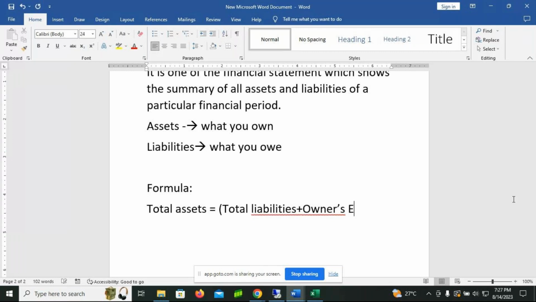Guys, non-accounting students, if you are getting any doubts, please tell. So total assets equals total liabilities plus owner's equity.